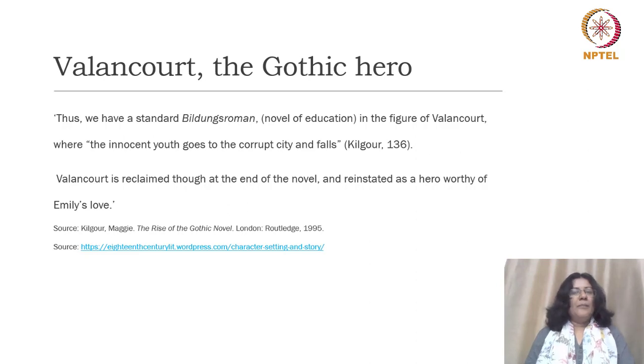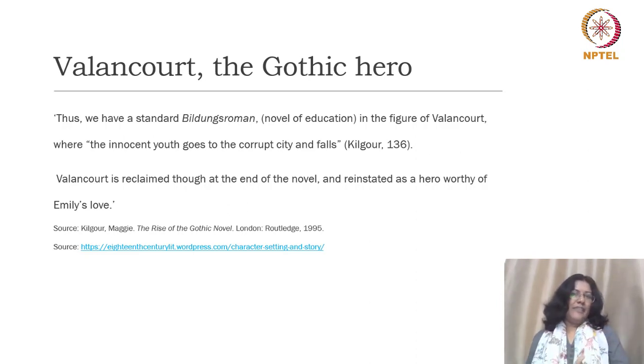But at the end of the novel, we are told that Valancourt is not as terrible as he is seen to be, and he in fact didn't really consort with courtesans and other immoral figures. So he is reclaimed.